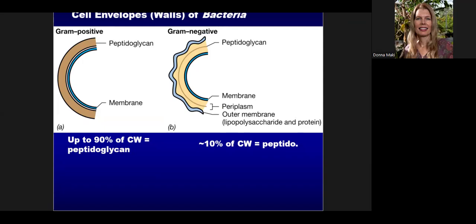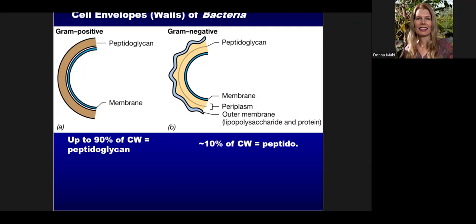We don't. And one of the main portions of the cell wall is peptidoglycan. Peptidoglycan.